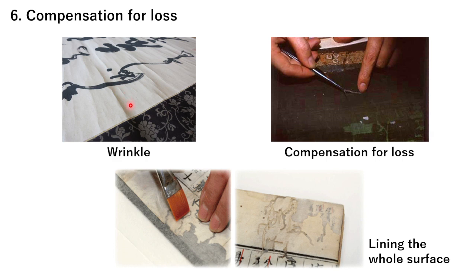Besides, painting paper can partially be lost due to malachite burning, in which the copper-originated paint is easily oxidized, and insect damage. So the missing part is filled with similar or the same Japanese paper used as the painting paper. By compensating the missing part with the same material, the sense of visual discomfort can be reduced, and physical homogeneity of the whole paper can be maintained.